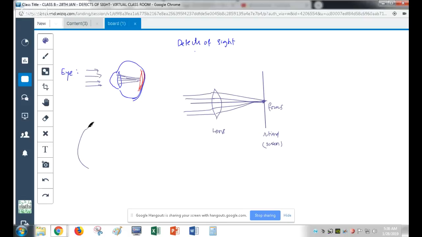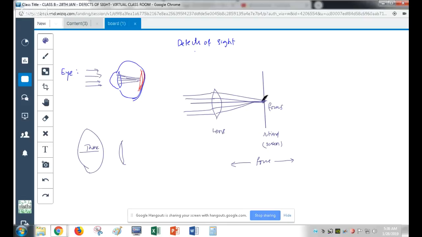If it is more thick, then the focus will come forward. If it is thin, then the focus will go beyond. So the focus changes. Sometimes it goes like this, sometimes it comes like this.